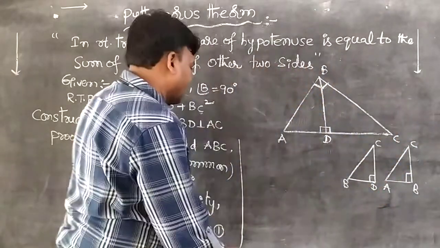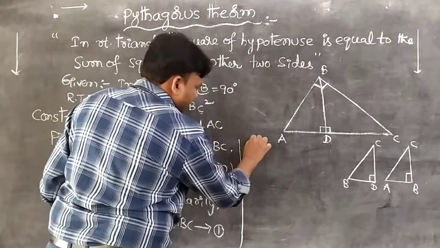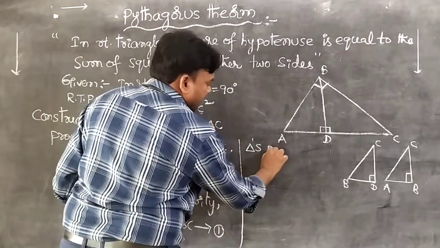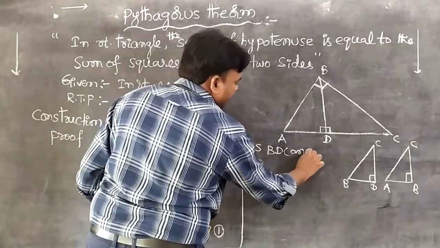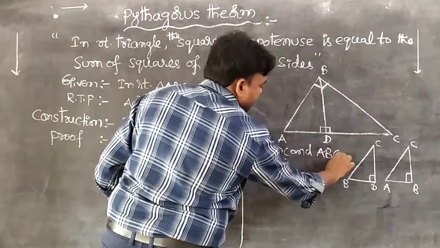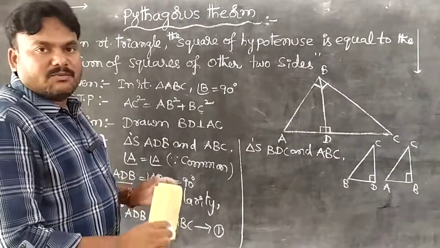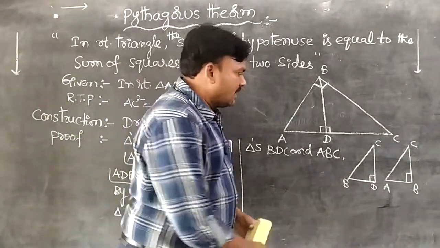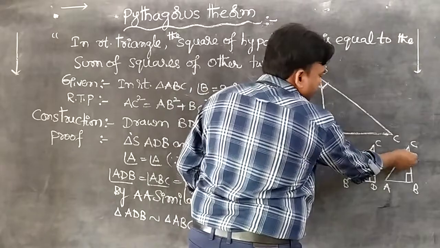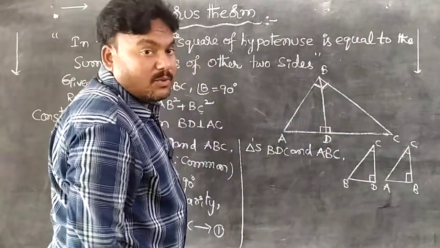Right, students? Comparison, the same procedure. Triangles BDC and ABC. Observe here, both triangles are similar or not, check it. C and C, both are common angles in both triangles.